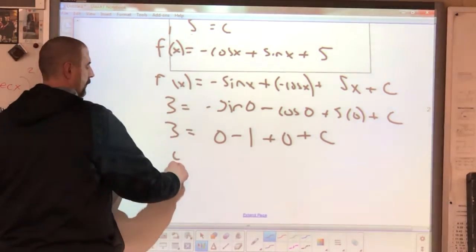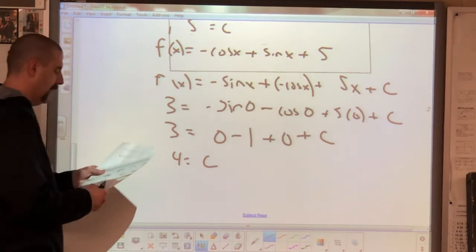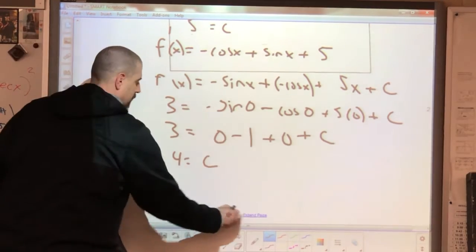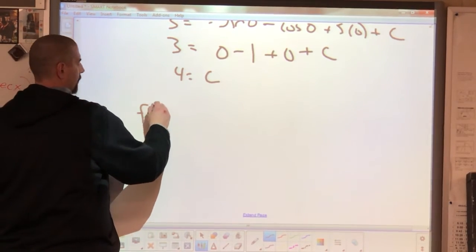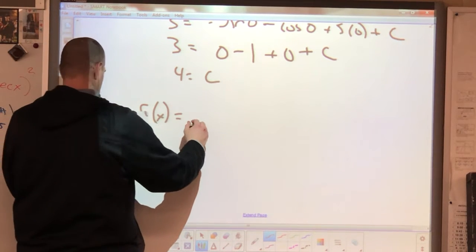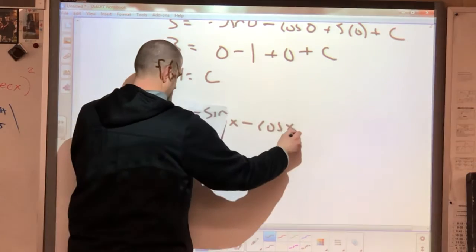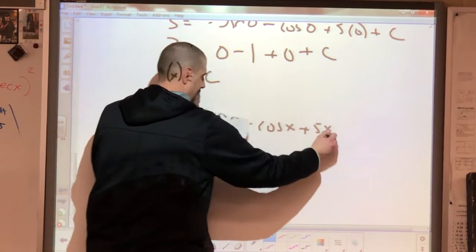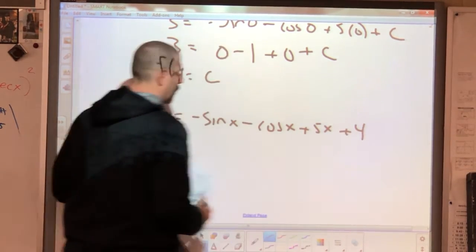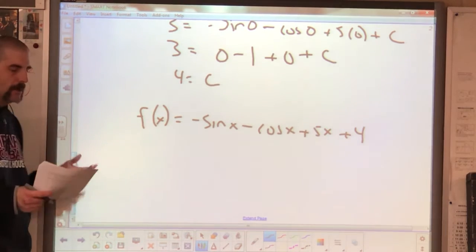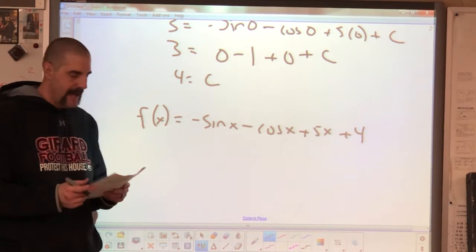So add, you're going to get 4 equals c. And so your grand final answer is f of x equal to negative sine x minus cosine x plus 5x plus 4. All right? So in the grand scheme of things, there's that.